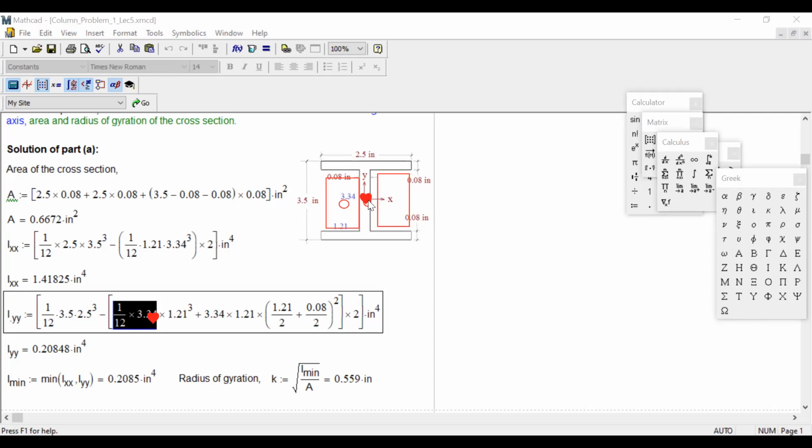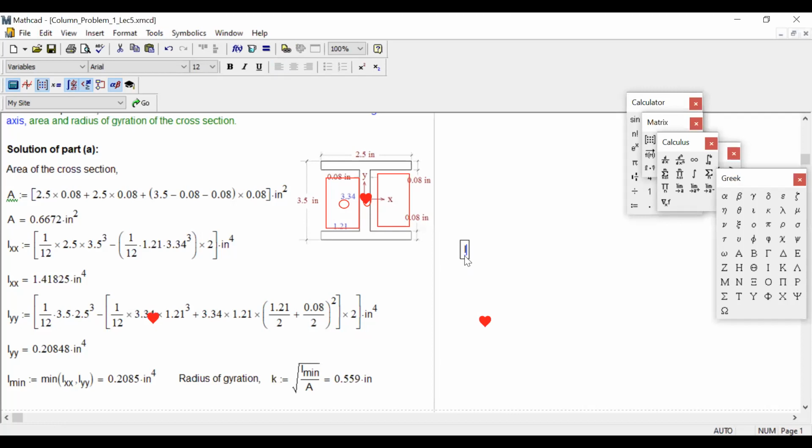So how can we figure out with respect to this one? You need to add one thing, AD square. Because if you apply the parallel axis theorem, ICG equal to Ixx plus A into D square.